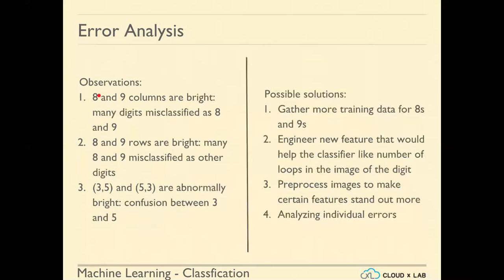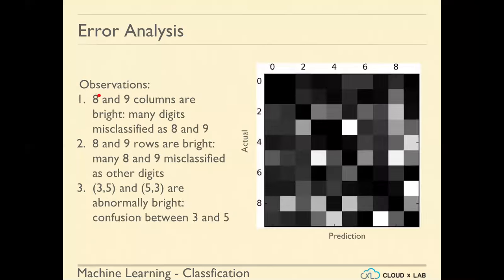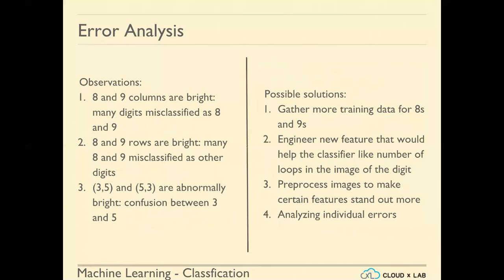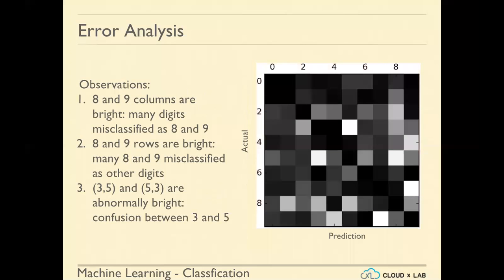So to solve this problem, we might have to gather more training data for 8 and 9, engineer new features that will help classify, like the number of loops in the image, then pre-process images to make certain features stand out, and then analyze individual errors.